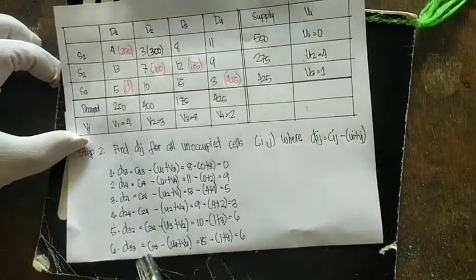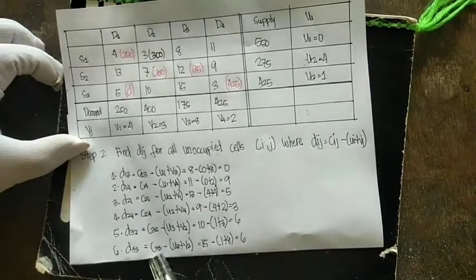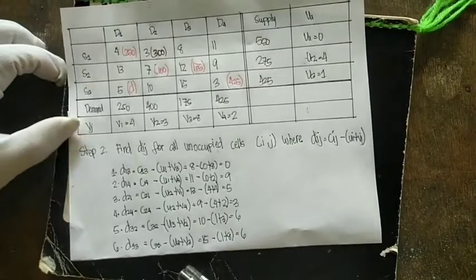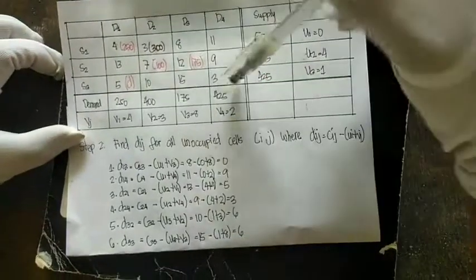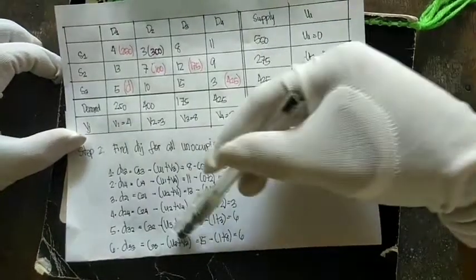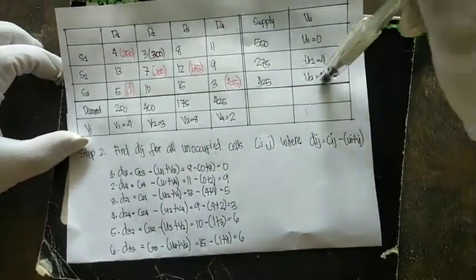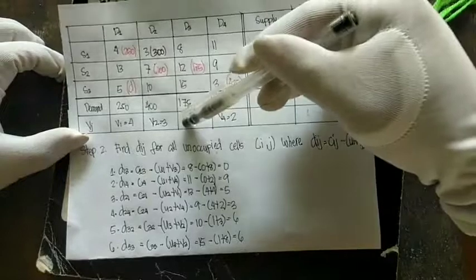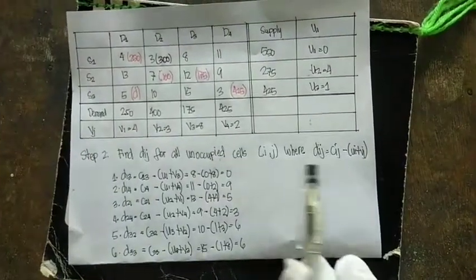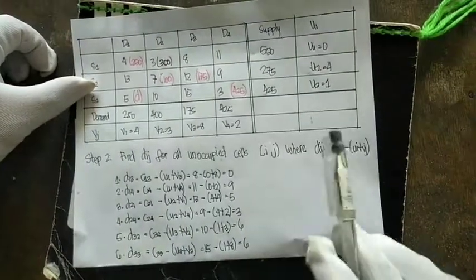So D33 equals C33 minus U3 plus V3 equals 15. The value for the last unoccupied cell is 15, minus U3, so U3 equals 1, plus 8 for the V3, so equals 6. Notice that we don't have negative for this step 2 for the unoccupied cells.